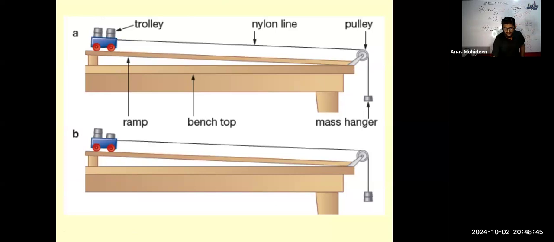A nylon line is there to pull it around a pulley, and here I have a mass hand. Initially I have one block there. I'm going to check what happens when I increase the weight on the mass hand, so that the weight is applied.